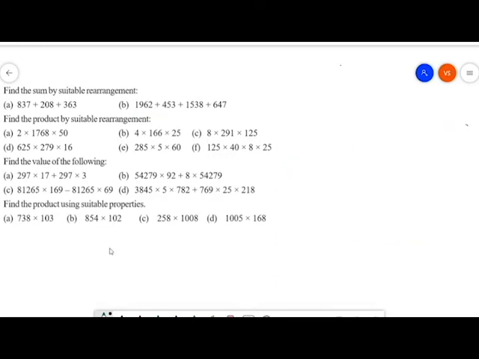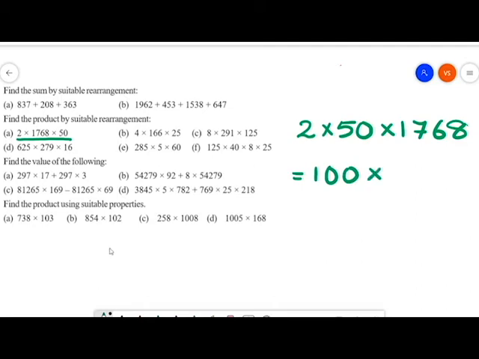Let's go to the next question. And here how to make the rearrangement. We'll rearrange it in this way. 2 into 50 into 1768. 2 into 50 is 100. 1768.